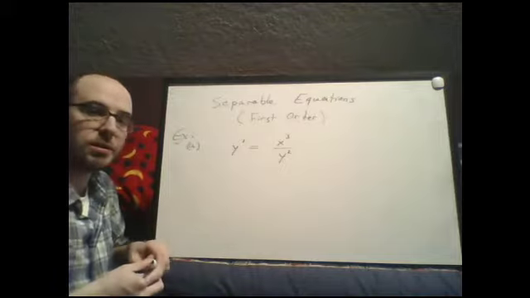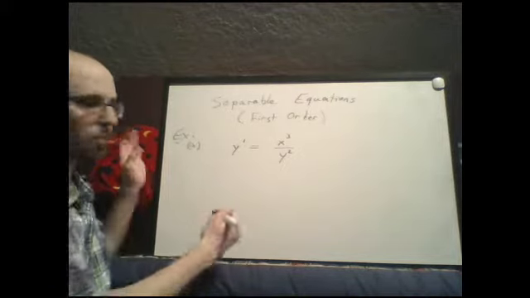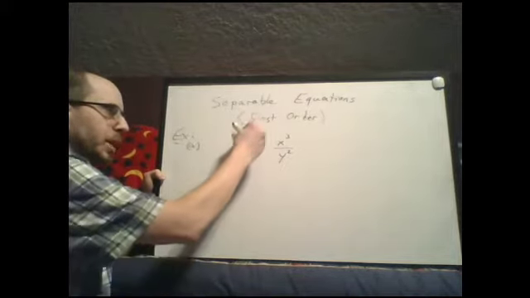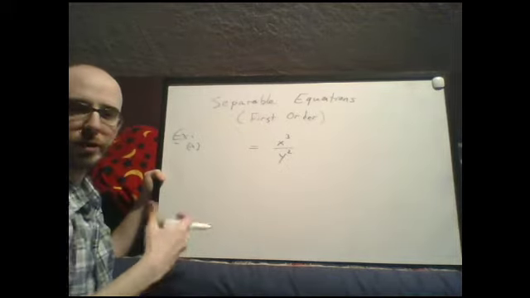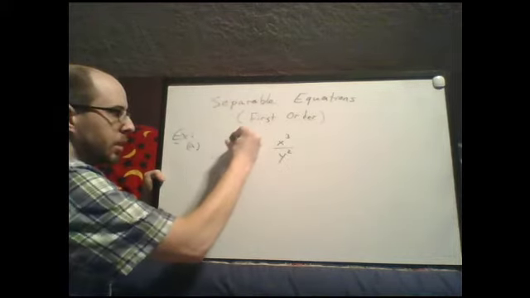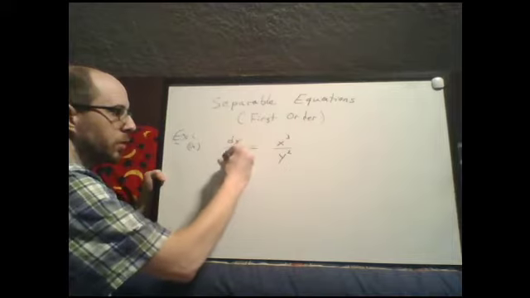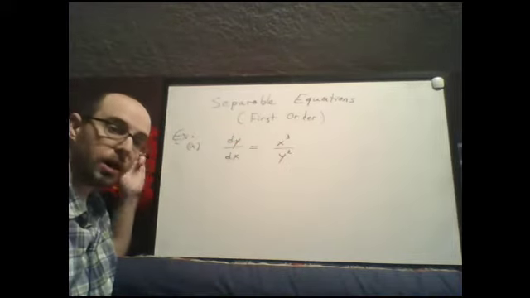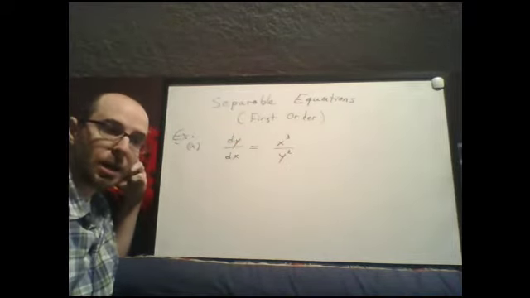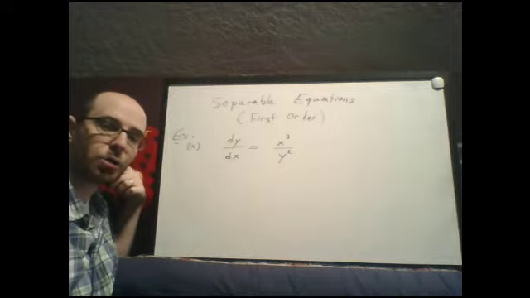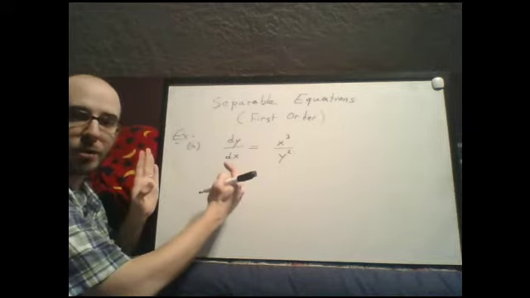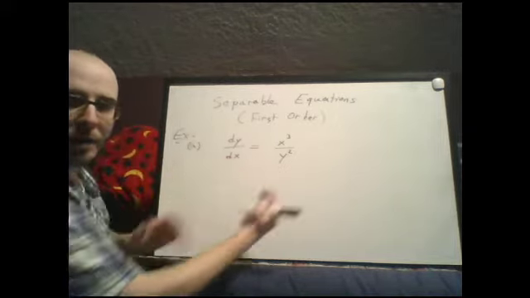When dealing with separable equations, and I haven't told you what a separable equation is yet, it's helpful to think of the derivative in the Leibniz notation, dy over dx. Separable means I can separate my equation into a side that involves y and a side that involves x.